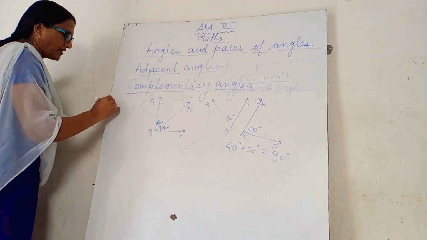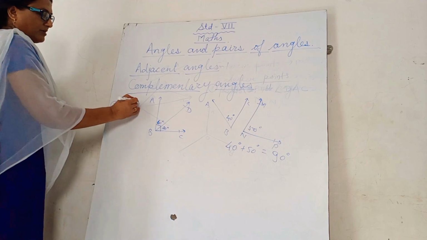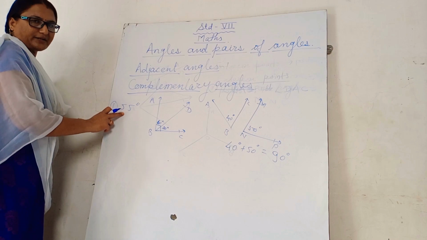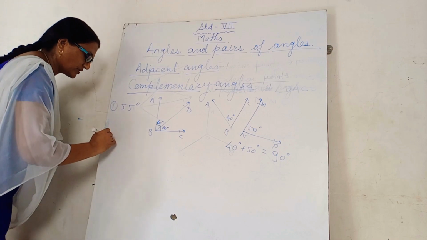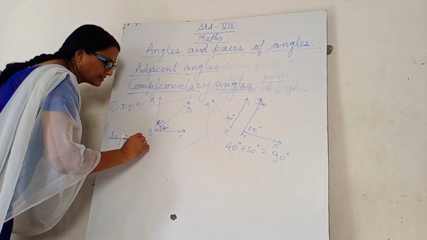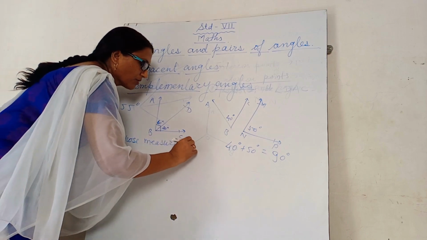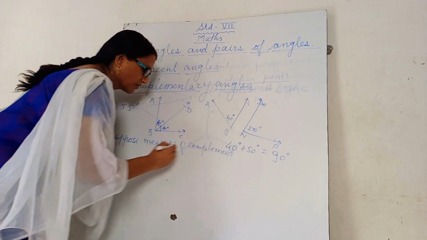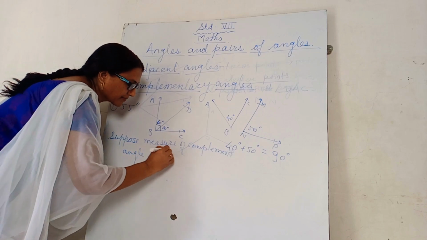Suppose the measure of one of the angles is given and it is 55 degrees. Find the complement of 55 degrees. Then how will you solve it? Stepwise, suppose the measure of the complement angle is x degrees.